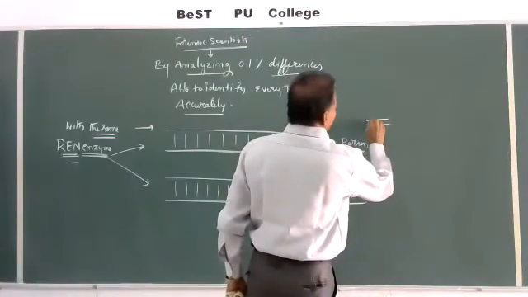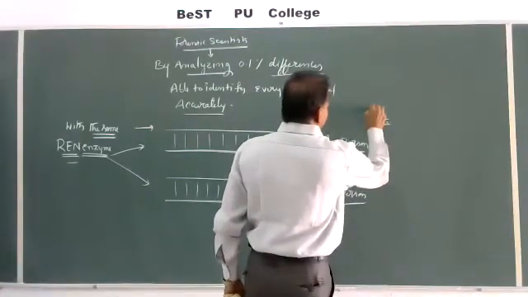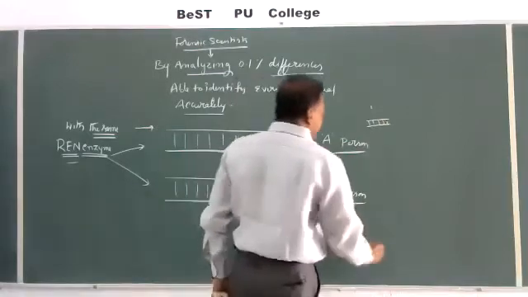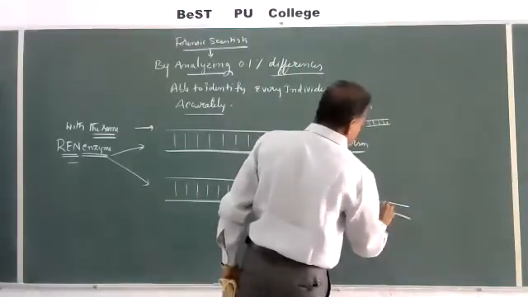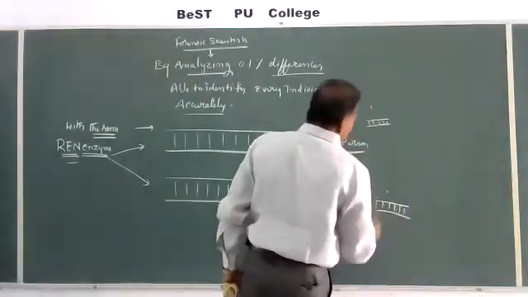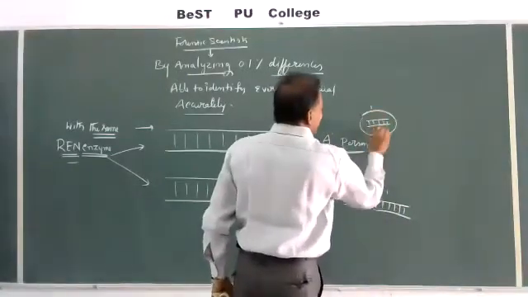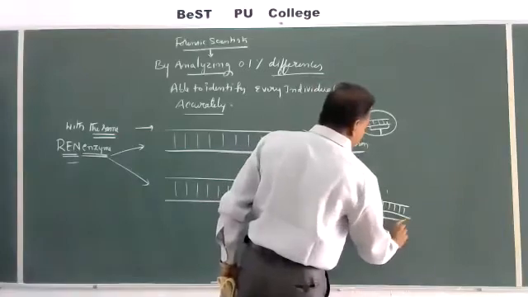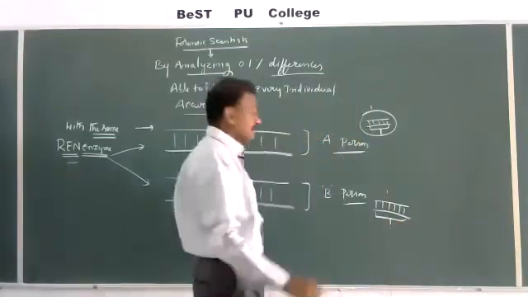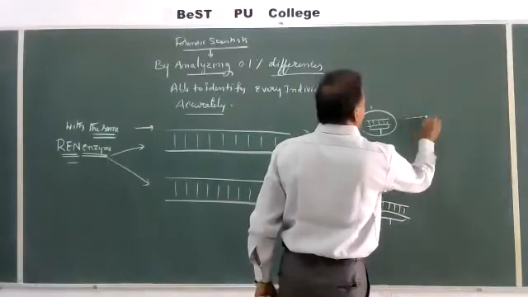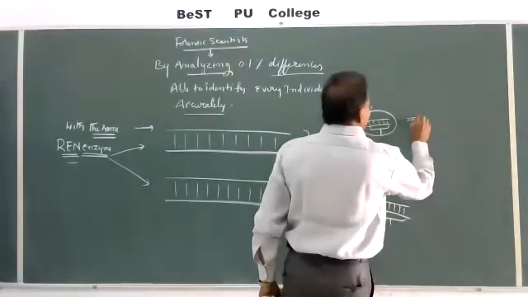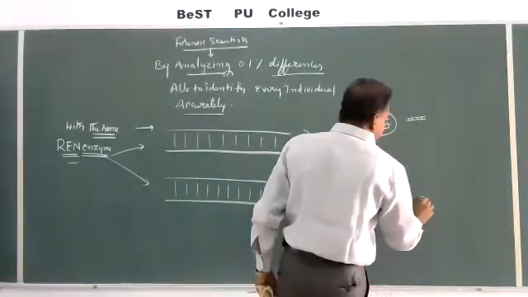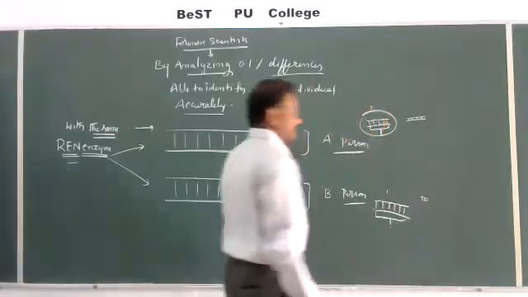For example, the first piece of this person has only this much length, whereas the first piece of the other has more length. So the fragments which are made are not of the same length; they may differ.